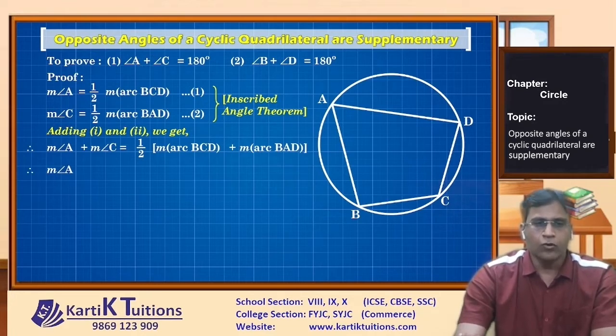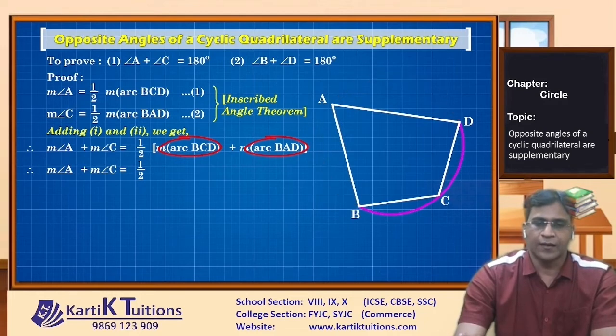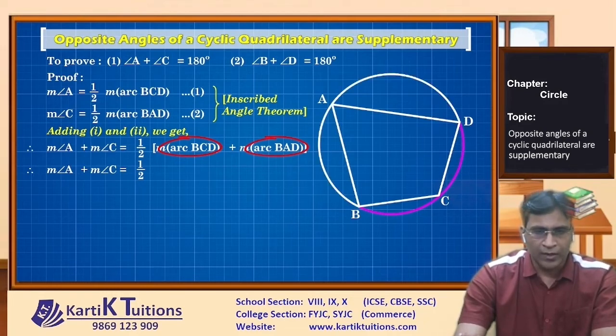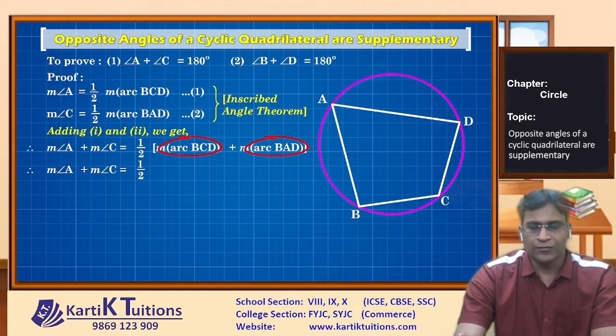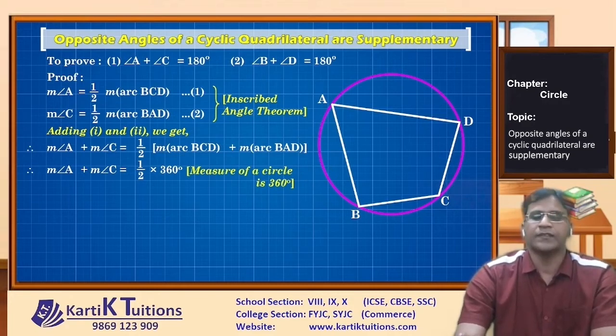Major arc BCD is this arc, and arc BAD is this arc. If you observe properly, when both the arcs are added, they form a circle. And what is the measure of a circle? It's 360 degrees. So in other words, I can write it as 360 degrees. Half of 360 will become 180.